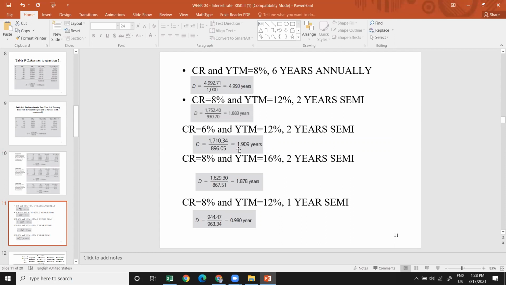Professor, why do we need to calculate duration? Duration shows us how long it takes to recover the cost that you committed to a certain investment. Okay, how long in terms of the number of years.